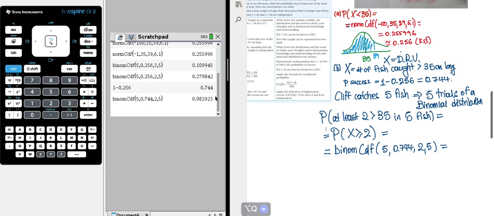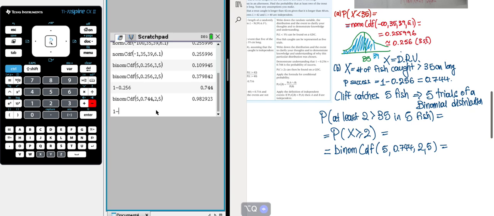So this is how we combine the normal distribution from part one with the binomial distribution for the second one. So X is going to be the number of fish, as you can see here, that are more than 35. And the probability of success, from the calculator, is going to be 1 minus the probability of less than 35, which we calculated with the normal distribution from the first part of the question.